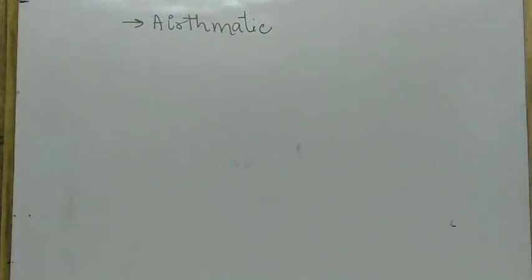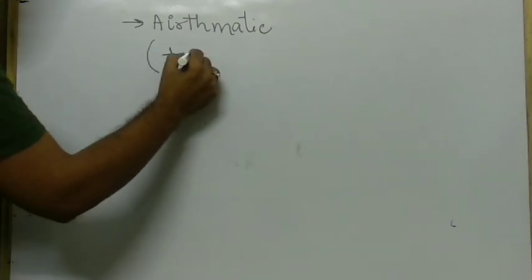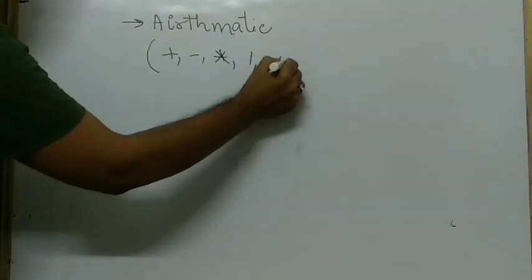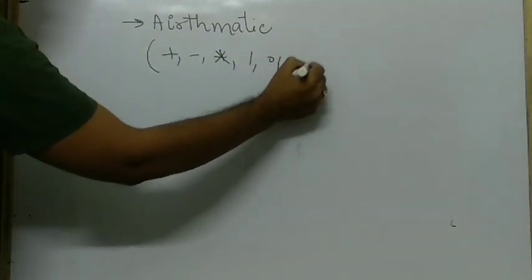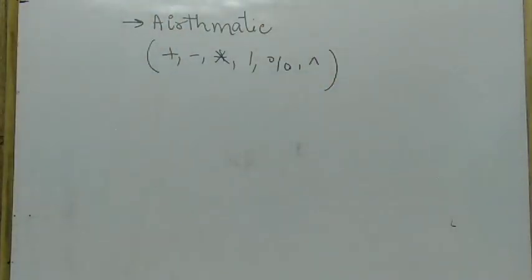What are the arithmetic operators? They perform arithmetic operations, like addition, subtraction, multiplication, division, modulus operator, exponential. All these kinds of operators are called arithmetic operators, which help us to perform arithmetic operations.